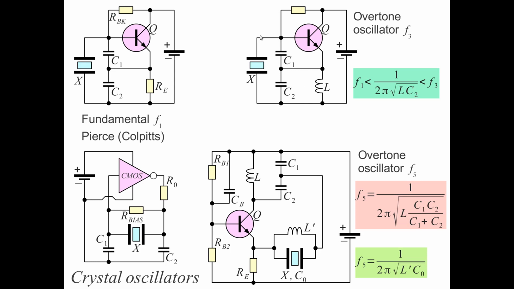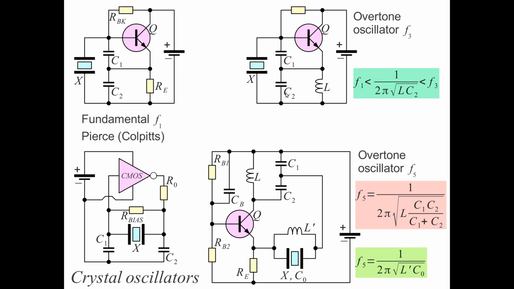For the oscillator to work, we need a capacitive impedance of this circuit. So we have to keep the resonance frequency of this circuit below the third overtone but above the fundamental, and in this way we force the oscillator to operate at the third overtone.